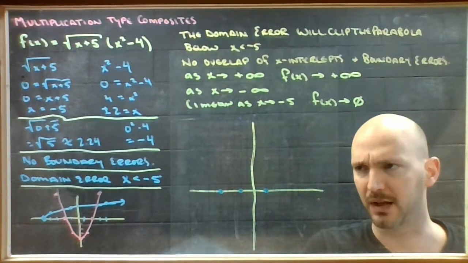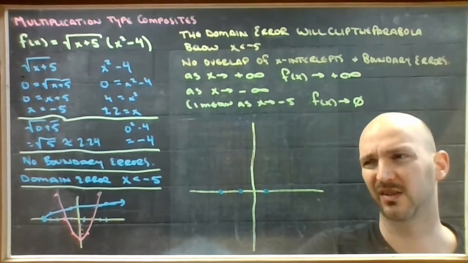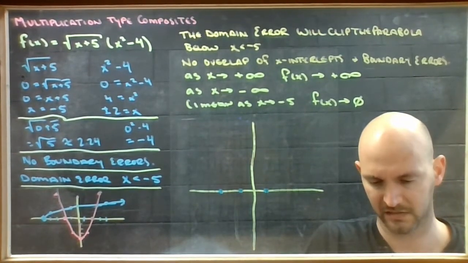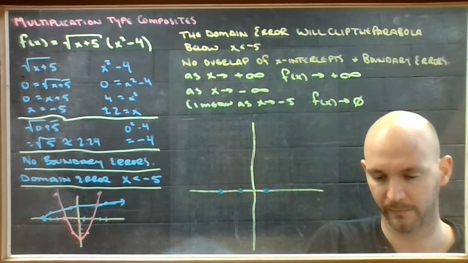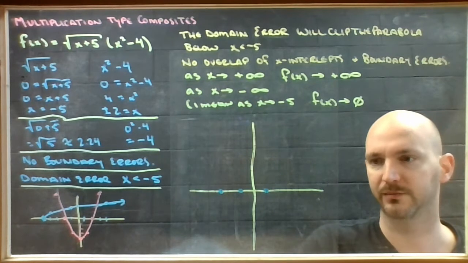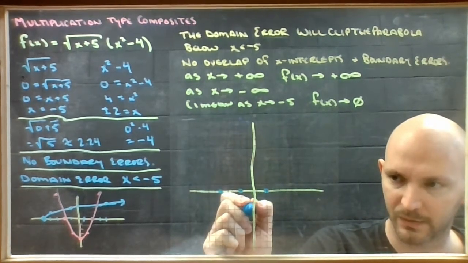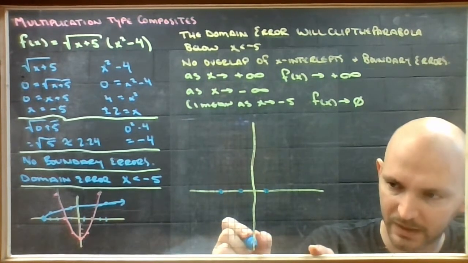So I end up with √5 times -4, which is going to be -8.94. So I have to find -8.94. 1, 2, 3, 4, 5, 6, 7, 8, 9. Somewhere in about here.